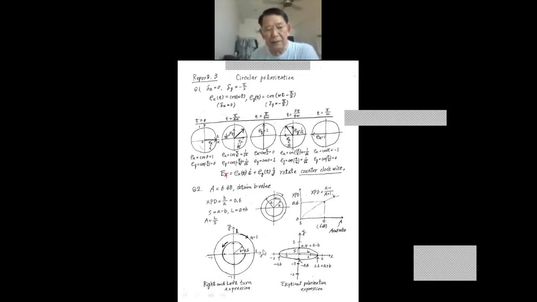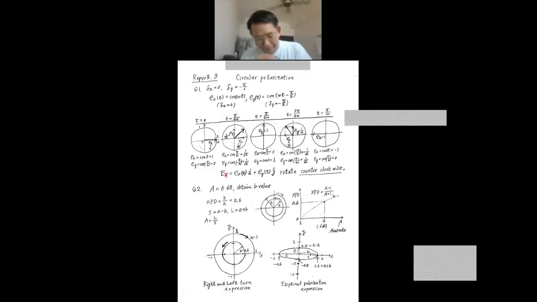However, circular is a rotating field. The rotating field is understood as a right rotate, a left rotate, a combination of them, or the total elliptical.